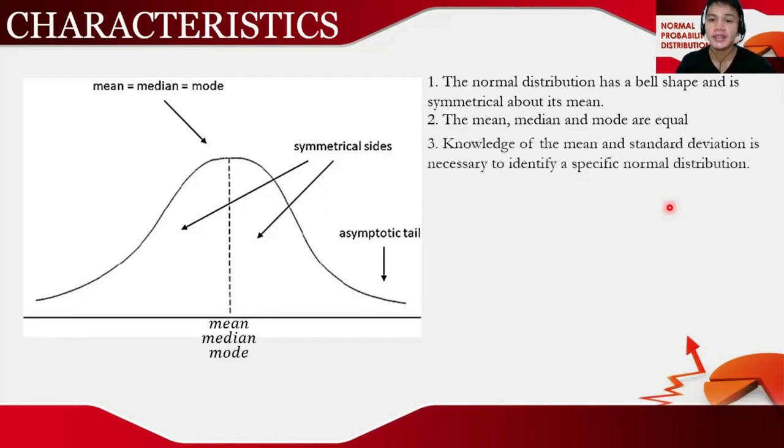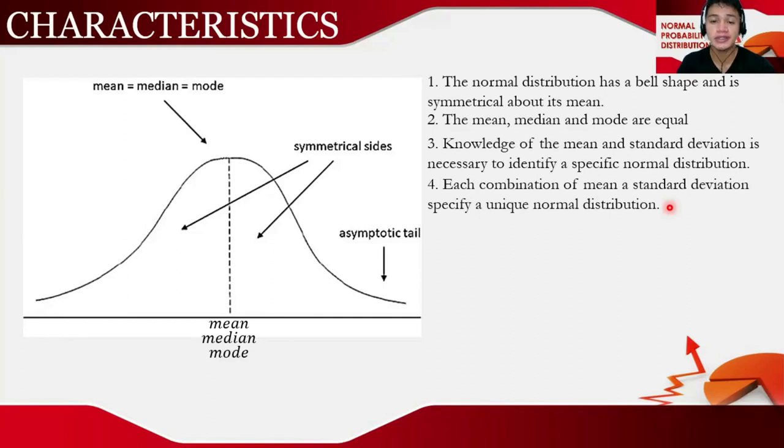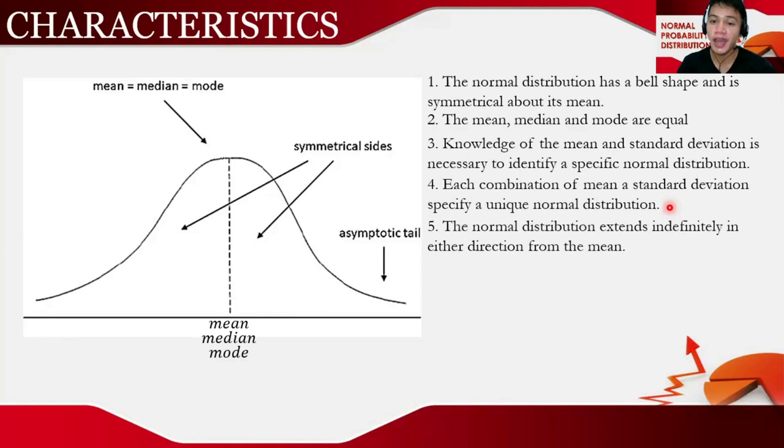Number 3, knowledge of the mean and standard deviation is necessary to identify a specific normal distribution. Number 4, each combination of the mean and a standard deviation specifies a unique normal distribution. Number 5, the normal distribution extends indefinitely in either direction from the mean.